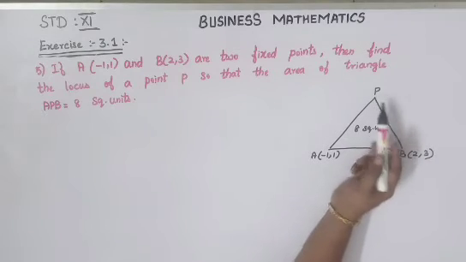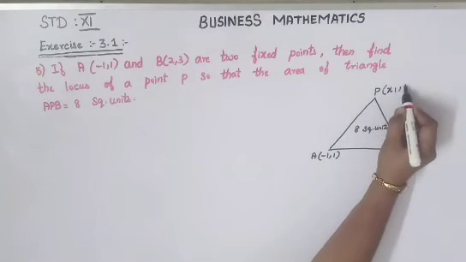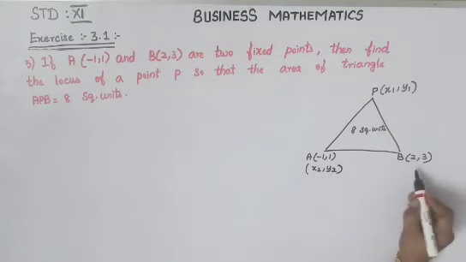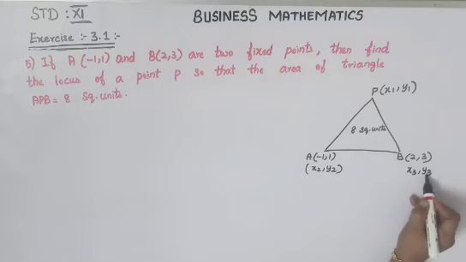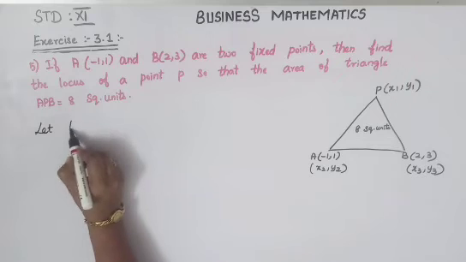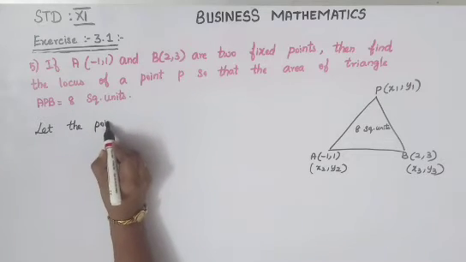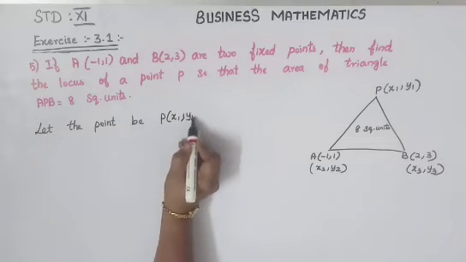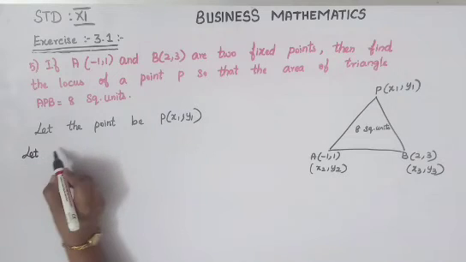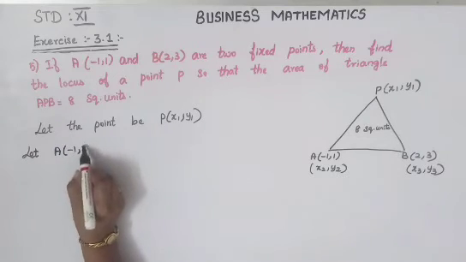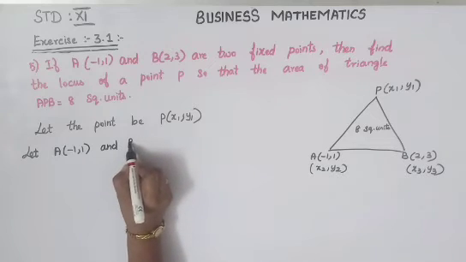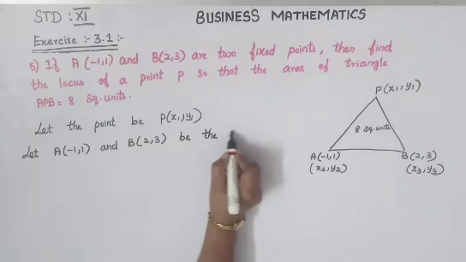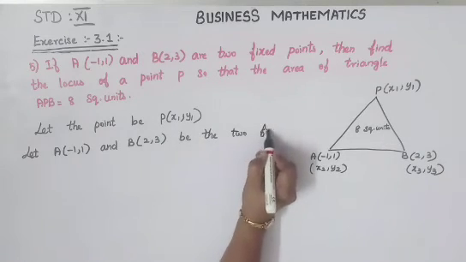So we'll have to find the point P, so I'll just give that as x1 comma y1. So this point we'll mark as x2 comma y2, and your B point as x3 comma y3. So let the point be P of x1 comma y1. So the given two points are, let A of minus 1 comma 1 and B of 2 comma 3 be the two fixed points.